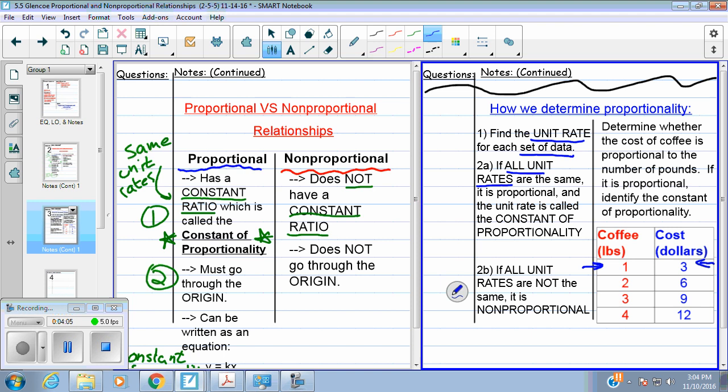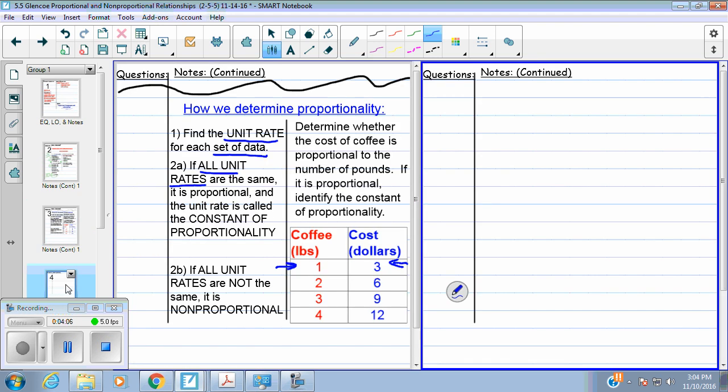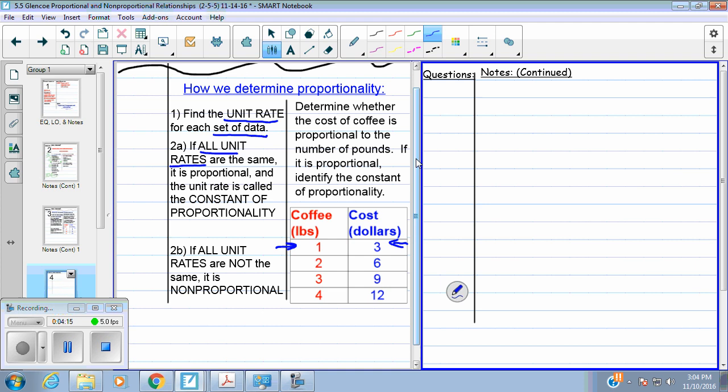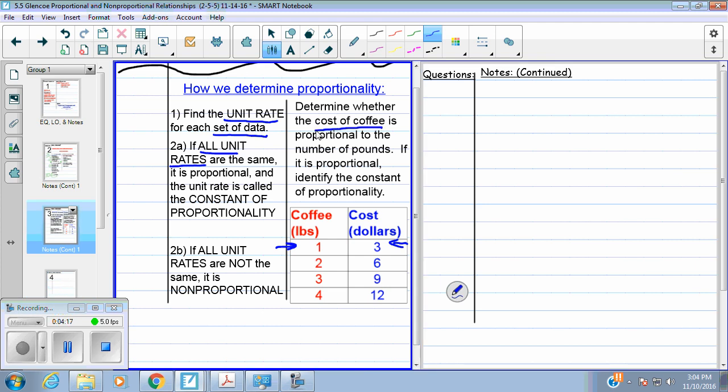And I'm going to need a little room to do this problem. And we're going to be recycling words we've started to hear, and we're going to start using that vocabulary a little more. So in this problem, we're determining whether the cost of coffee is proportional to the number of pounds. So which one of these is independent and which one of these is dependent upon the other?